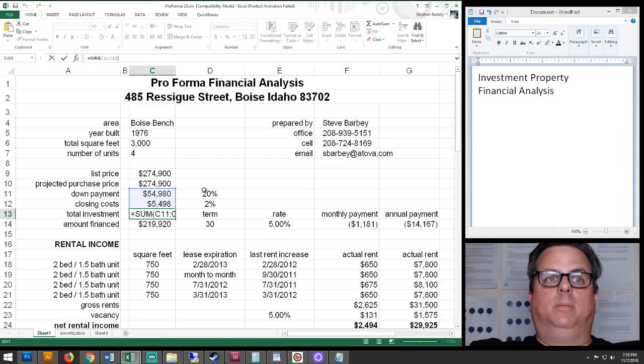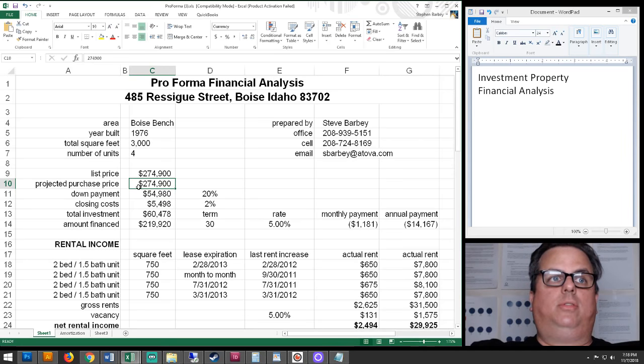If it's an equation, you leave it alone. It's another equation: equals C10 minus C11. Leave it alone. So this one I'm not going to mess with. Closing costs, C10 times D12. I'm not going to mess with that. Down payment, C10 times D11, not going to mess with that.